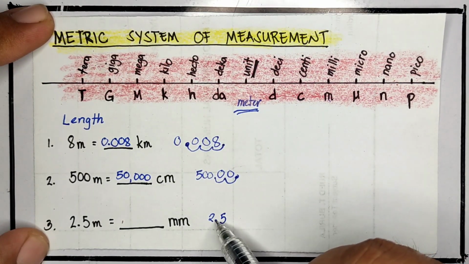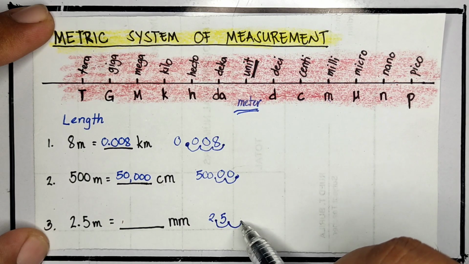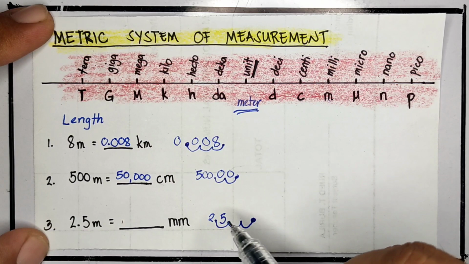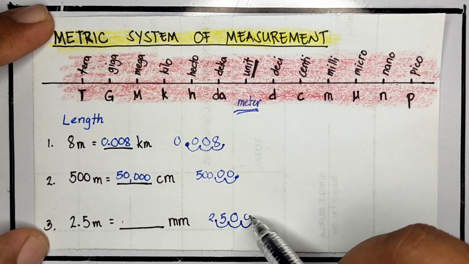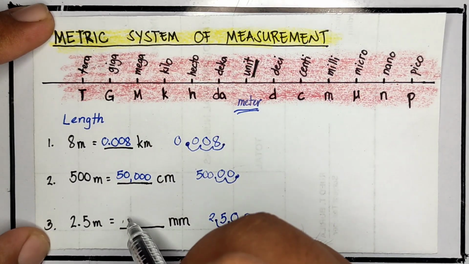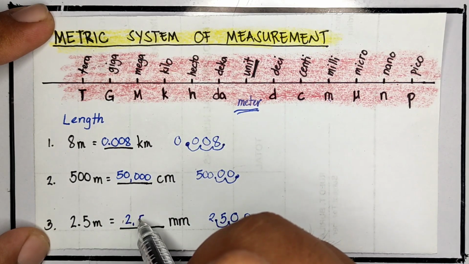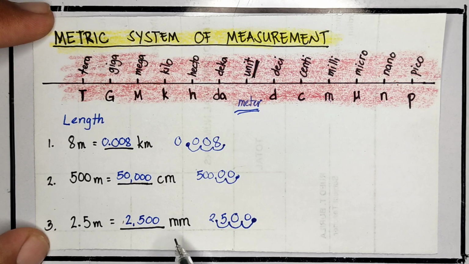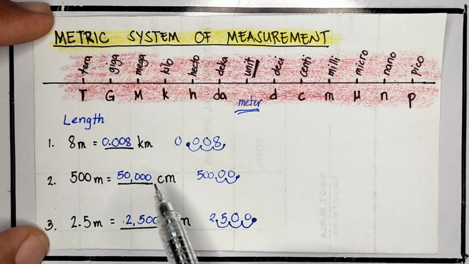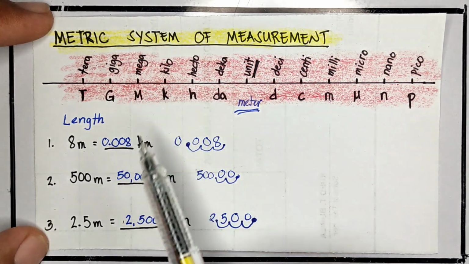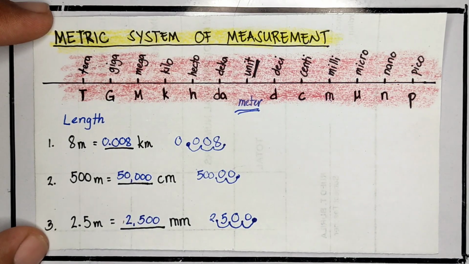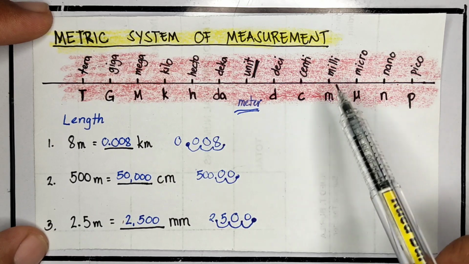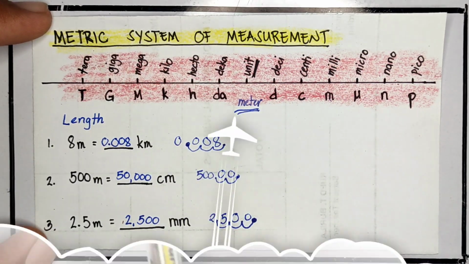We will move 3 times: 1, 2, 3. This would be the decimal point. Add zeros. Therefore, it is 2,500 millimeters. Okay, that is how to convert a metric system of measurement in length, just moving the decimal point if it is going right or going left.